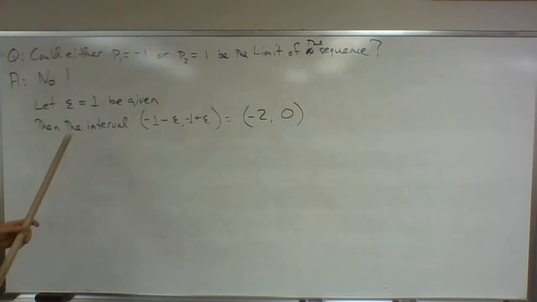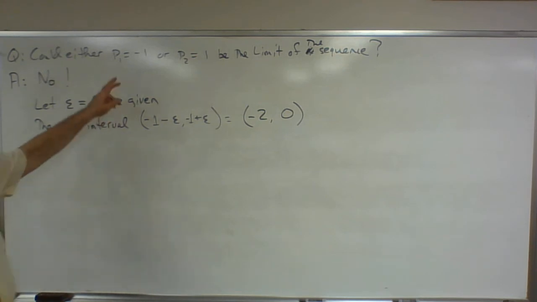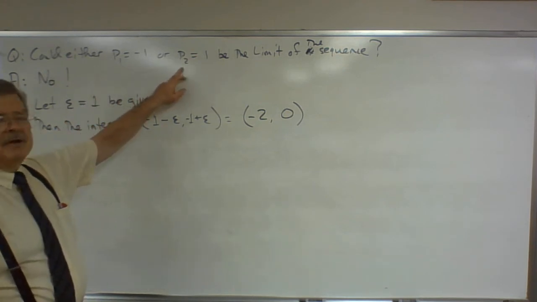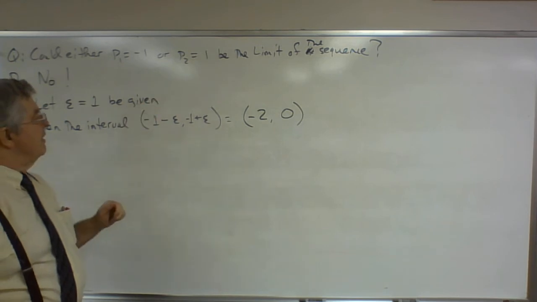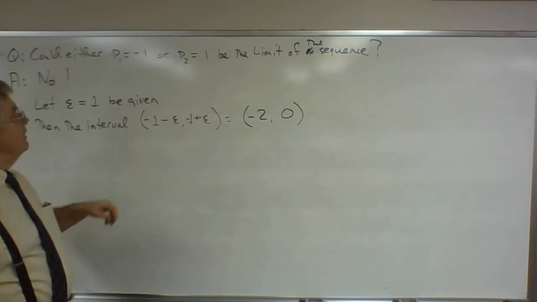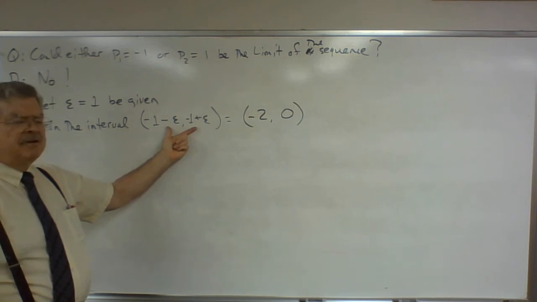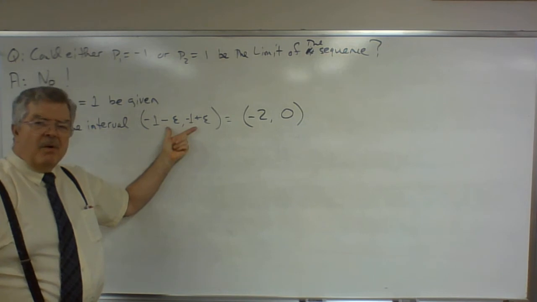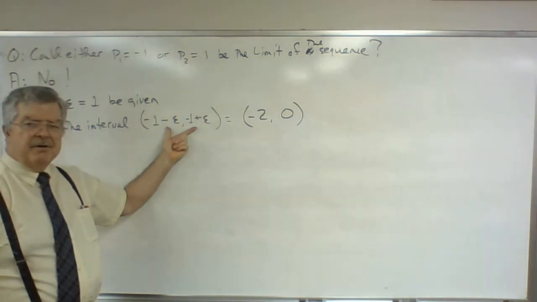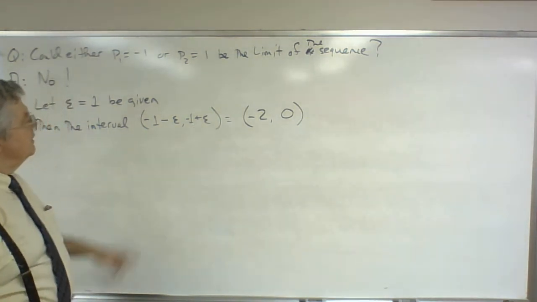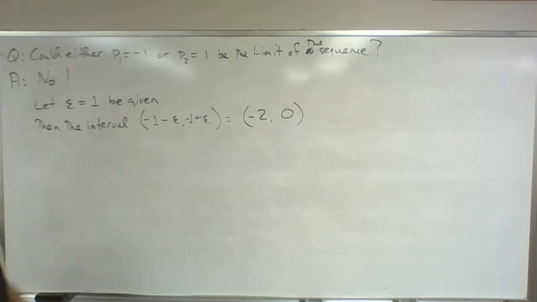And to do this, let epsilon equal 1. Now, if either one of these limit points were the limit of the sequence, then this interval for all positive values of epsilon would contain all but finitely many terms of the sequence. Now let's see what happens.